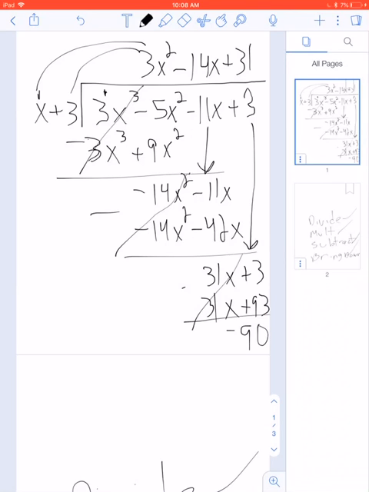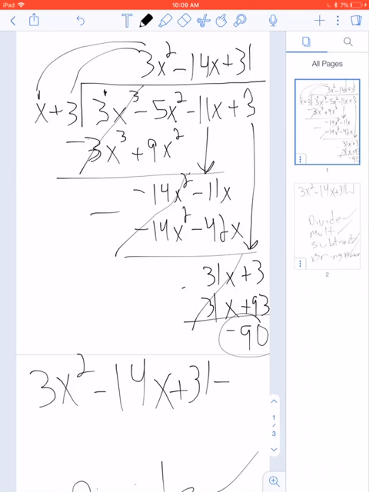And so my final answer is going to be 3x squared minus 14x plus 31 minus my remainder of 90, which was negative 90, and that negative 90 has yet to be divided by x plus 3.